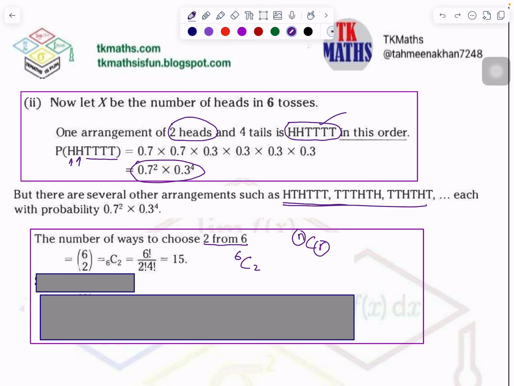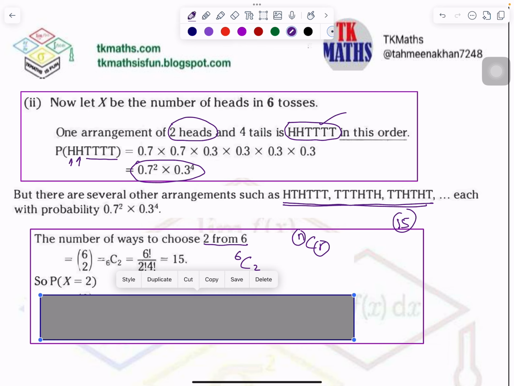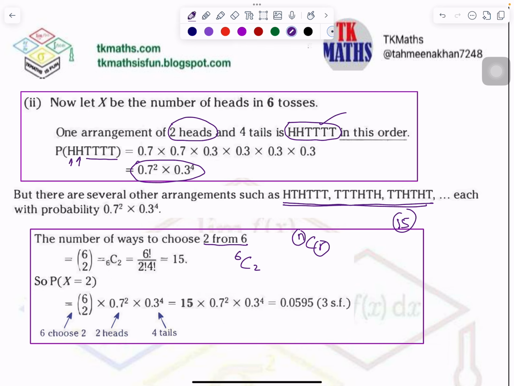If you have to write one by one all the cases, there are 15 such cases, right? So if you have to select exactly 2, what will you do? Because this was for one case, I will simply multiply this by 15. Yes or no? 0.7 square times 0.3 power 4 times 15.